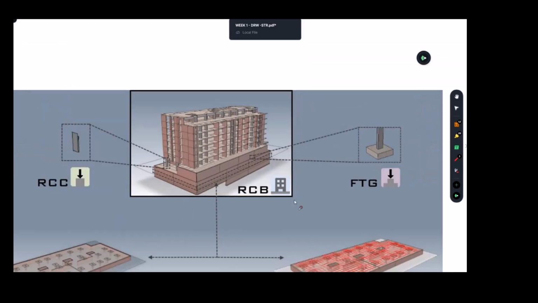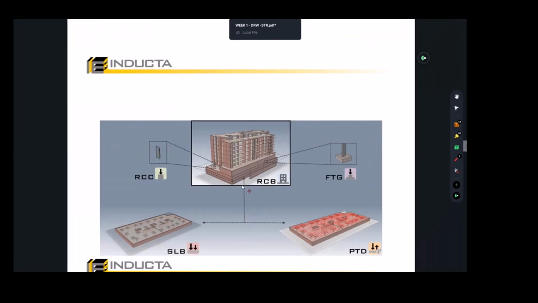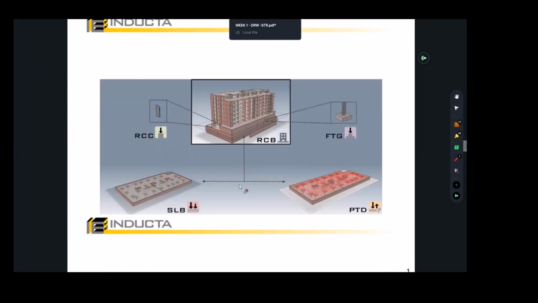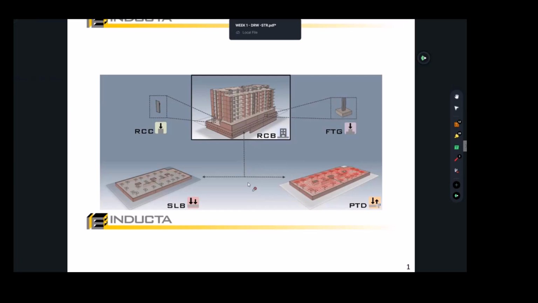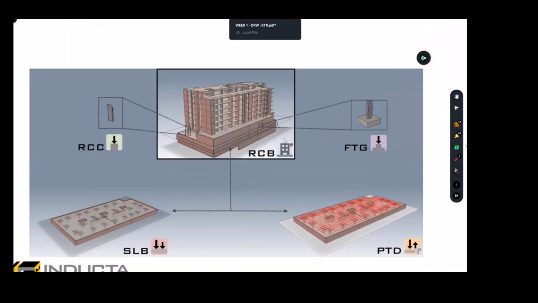And I trust STAAD Pro does that as well, because you can model small components and mesh them and work on them. So as you get into a design exercise, you need to know what you are using. Will it really do the job, or is it more than required, or it won't really give you what you want.